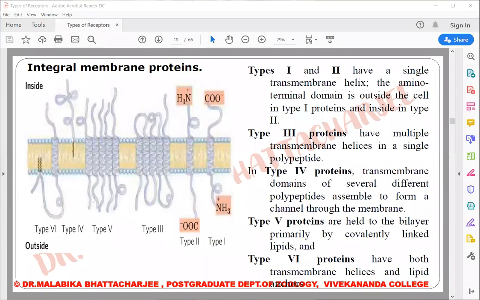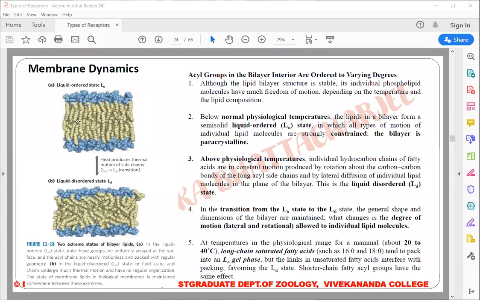So let me go back to that picture. In case of saturated fatty acids, at a normal physiological temperature of 20 to 40 degrees centigrade, the lipids are in an ordered state. But in case of unsaturated fatty acids, at the same temperature, as I just showed you, the presence of the kinks makes it difficult for the lipid molecules to be in such a strict configuration, and thus they arrange themselves in a disordered state.